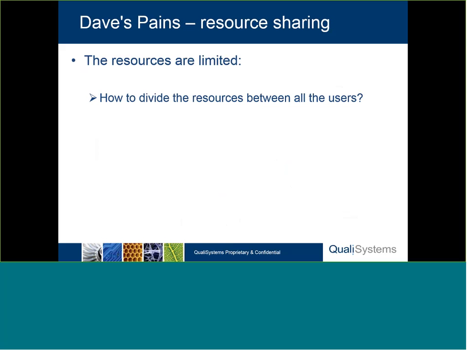So we need to see how to divide the resources between all the users. We need to solve conflicts when there is a resource shortage, like if a few people need to use the same resource at the same time. Who gets priority? Who is the most important person or project to use a specific resource?